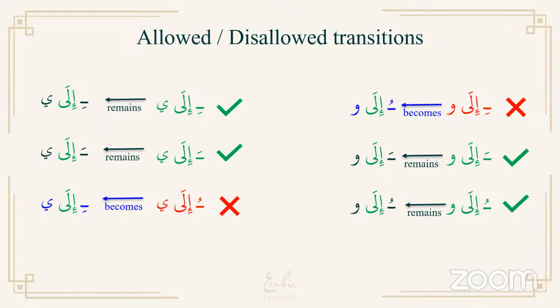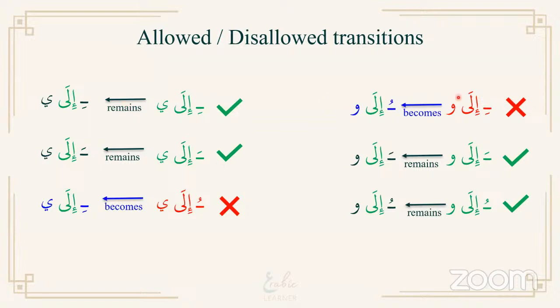You will see plenty of examples. I have not taken examples here because you will see plenty of examples today, inshallah, while doing the conjugation. Don't worry about it. Basically, for the situations in which you don't need to change, you don't need to remember them.